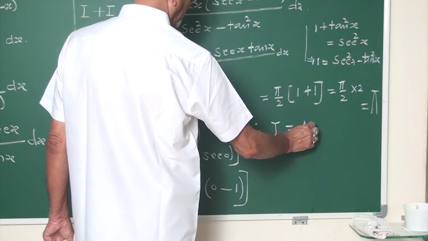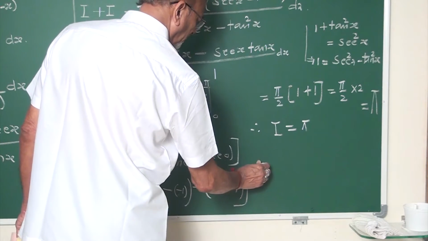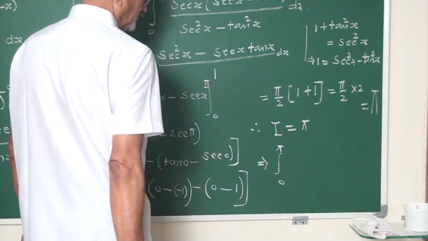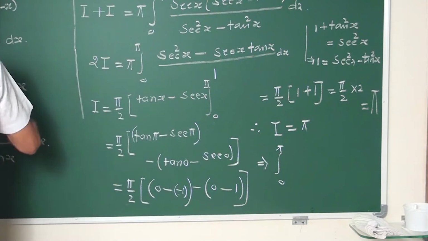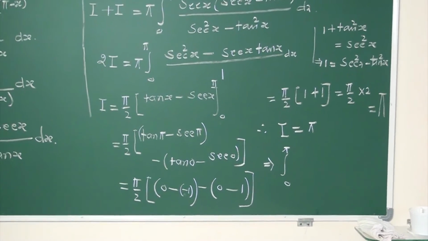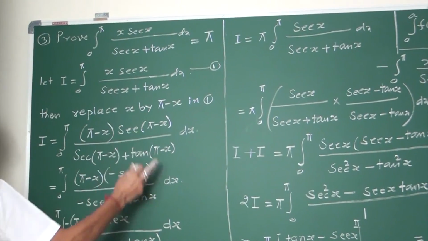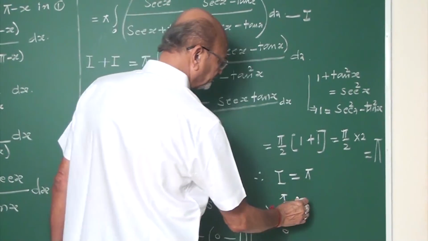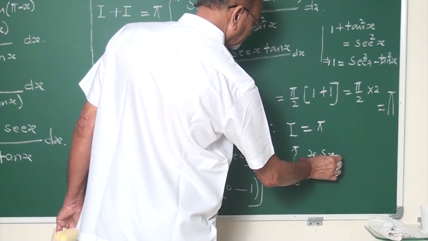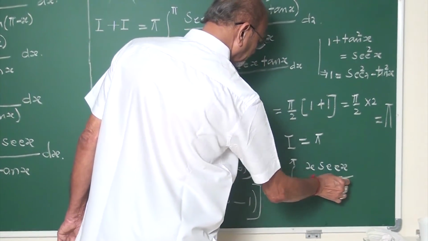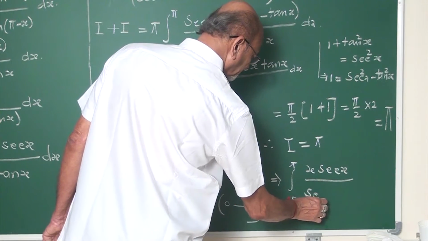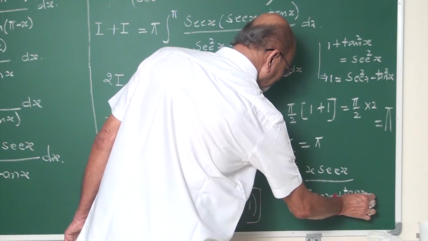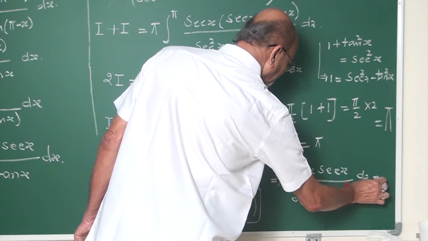I is pi. But what is I? The definite integral 0 to pi of x sec x upon sec x plus tan x dx.